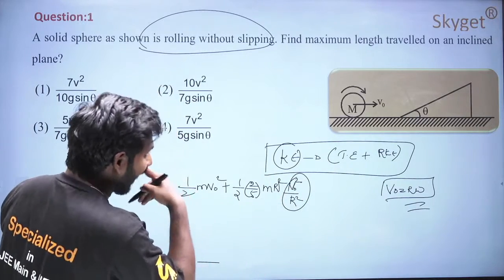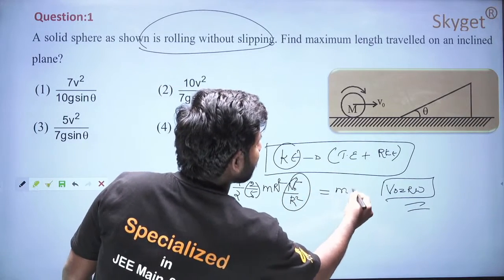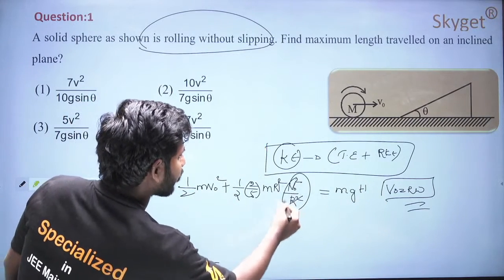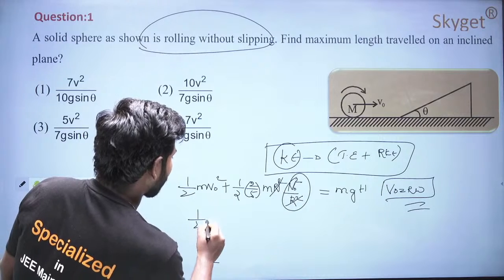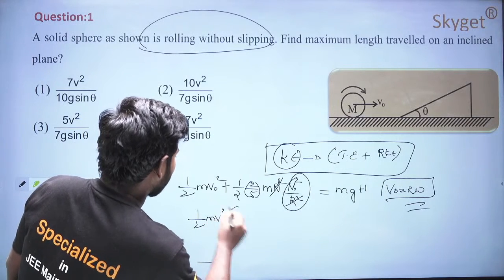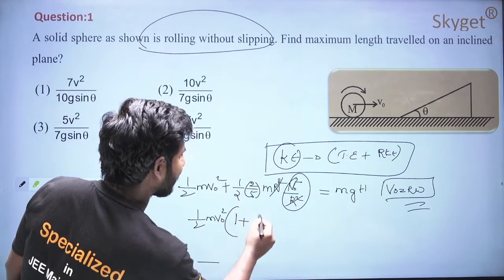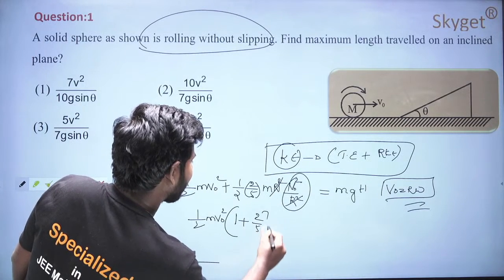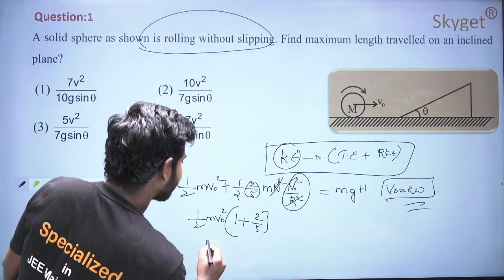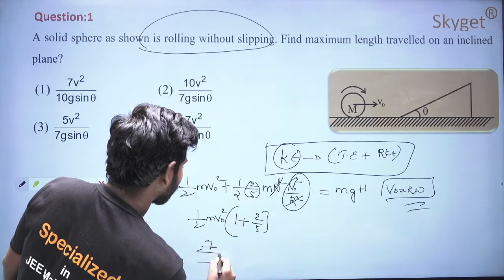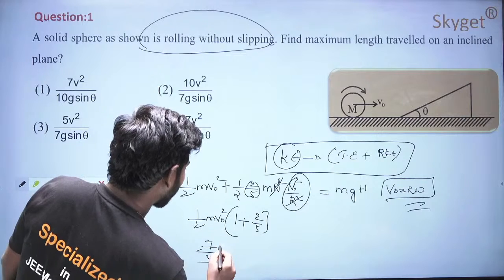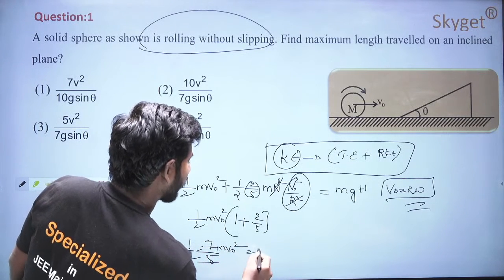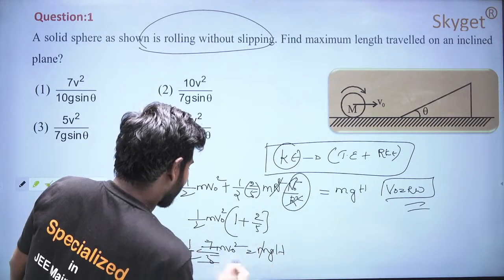If we equate it to mgh, r square cancels, and half m v naught square we can take common, to get 1 plus 2 by 5, that is 7 by 5, into half m v naught square is equal to mgh.